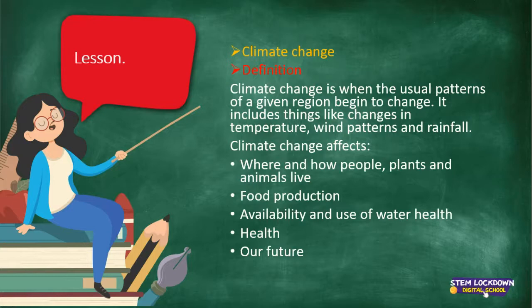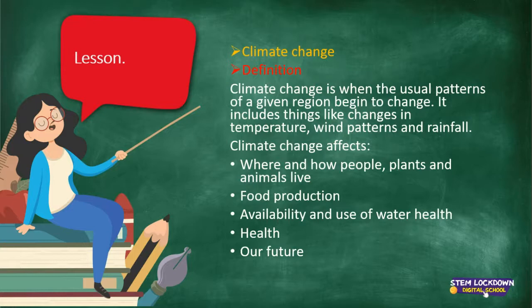The climate that people had in the 60s and 70s is very different from the climate that we have now. People are complaining that in some places winters are colder and summers are hotter, and in some places there's more wind, so there are more hurricanes and tornadoes, and there is flooding in some areas, so the rainfall has changed. In some areas there's more rainfall than in other places.